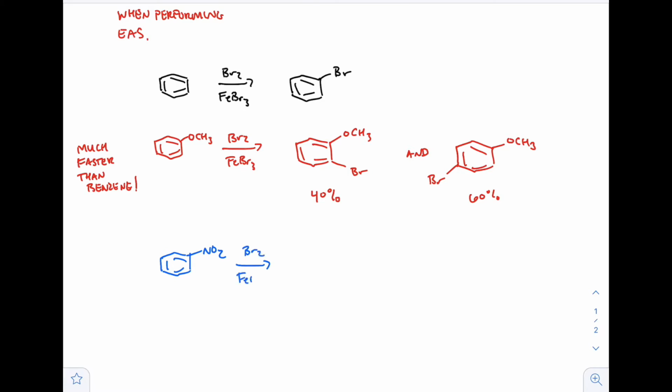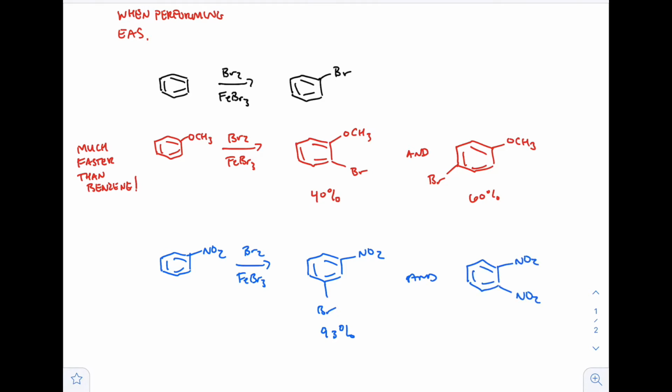The nitro group, as we established, is an electron withdrawing group. So when we do the EAS with bromination, we can have a bromine at the meta position, right? In this case. So again, we'll explain later. But we might also have a little bit of some other things.